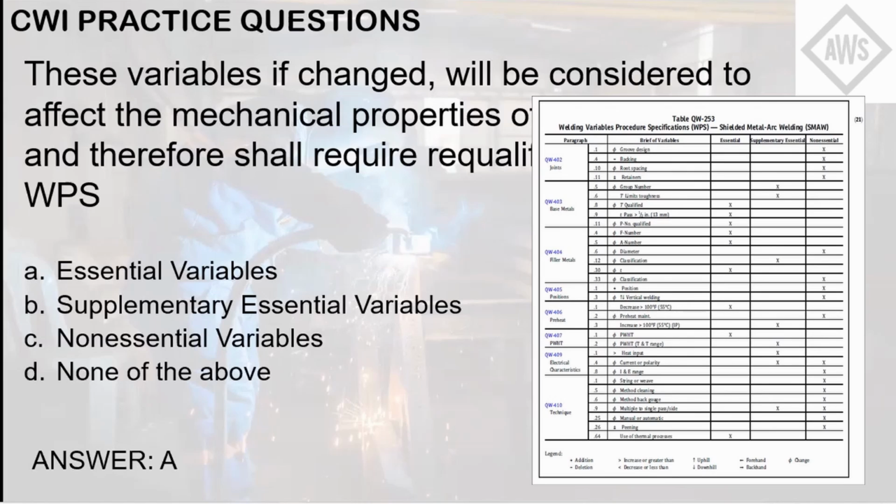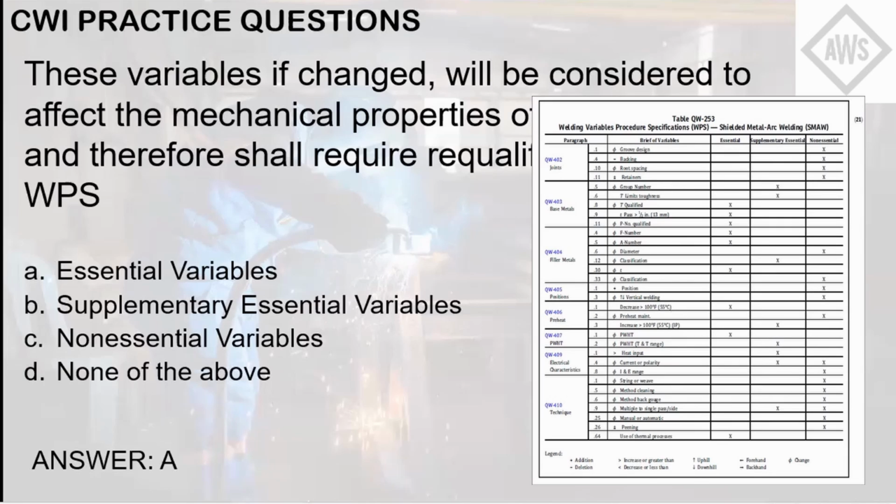This is the reason why some welding procedure specifications have multiple PQRs, because maybe the essential variables have been changed in one of those revisions. Then you have to support that WPS with another qualification.